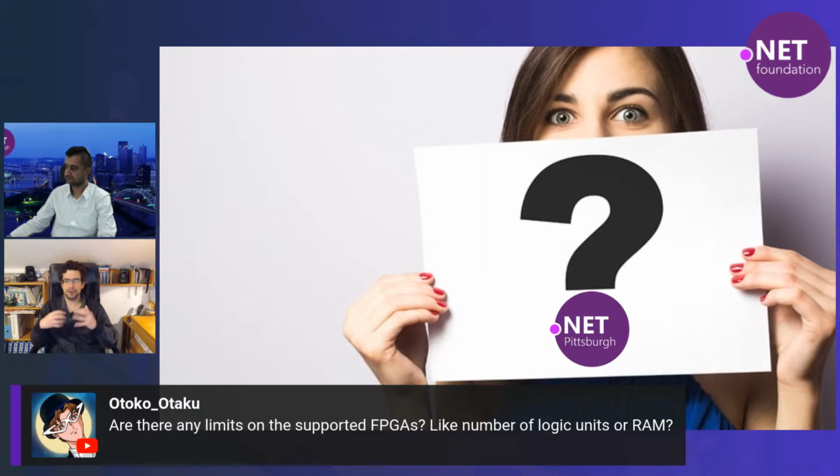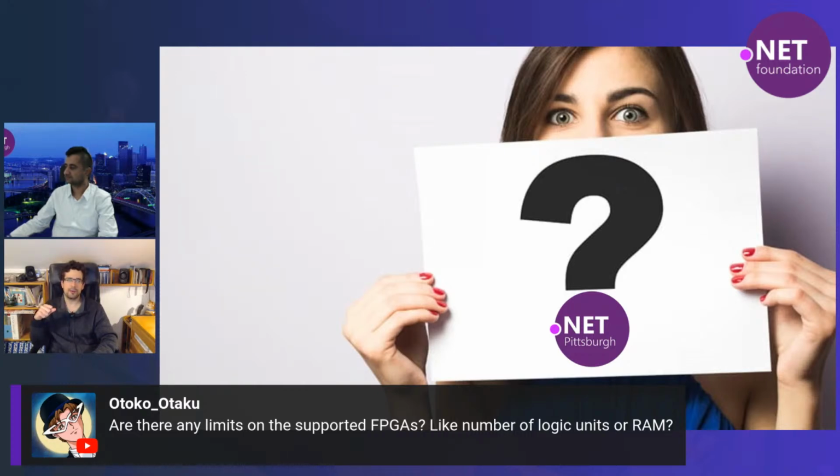Now, when it comes to the bare hardware resources of an FPGA, this varies a lot. This FPGA here, for example, doesn't have any custom RAM because it shares the memory with the CPU. It does have a lot of little building blocks that you can configure to implement your logic.